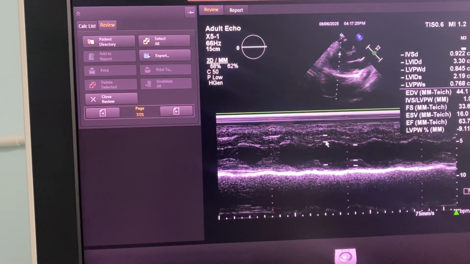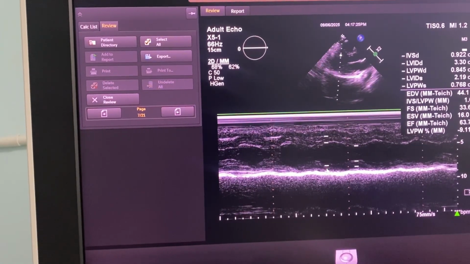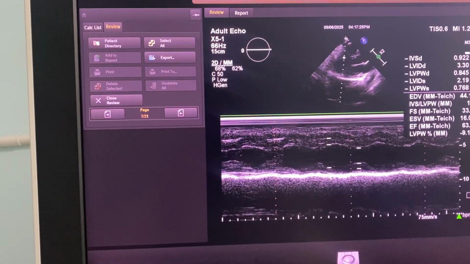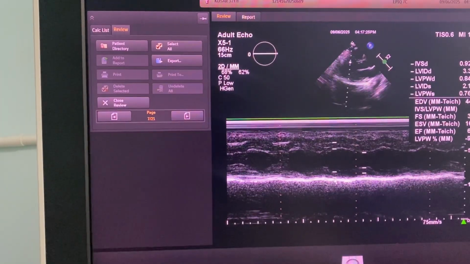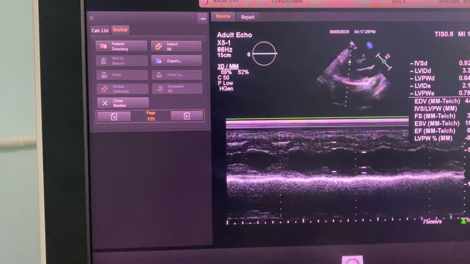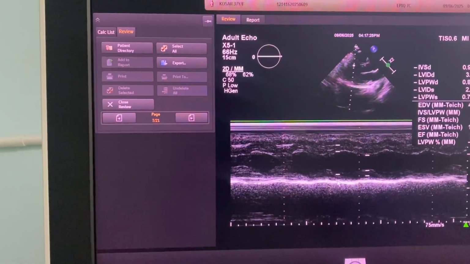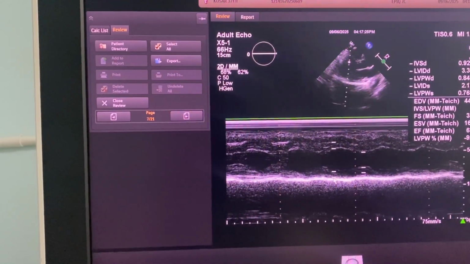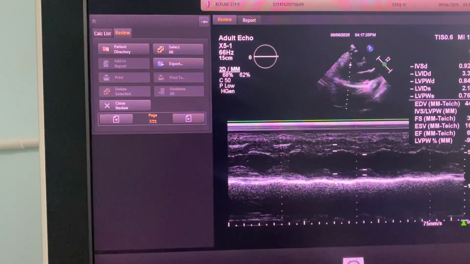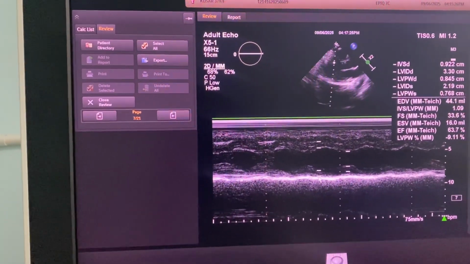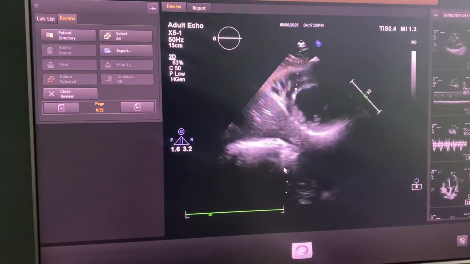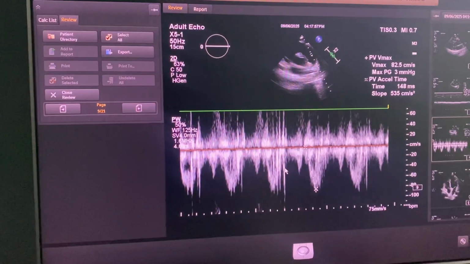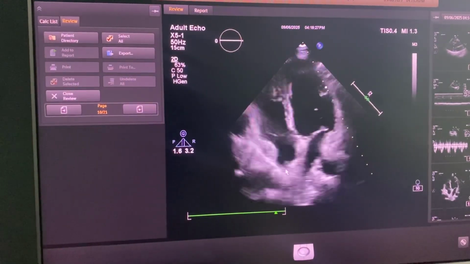These are the readings we took: IVS, interventricular septum in diastole, left ventricular internal dimension in diastole, left ventricular posterior wall in diastole, left ventricular internal dimension in systole, and left ventricular posterior wall in systole. From there, we get end diastolic volume, fractional shortening, EF, and so on.